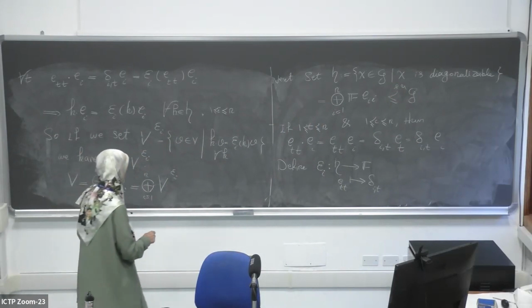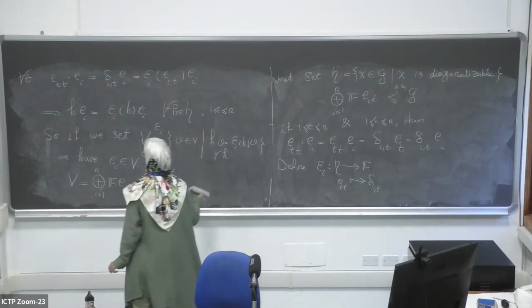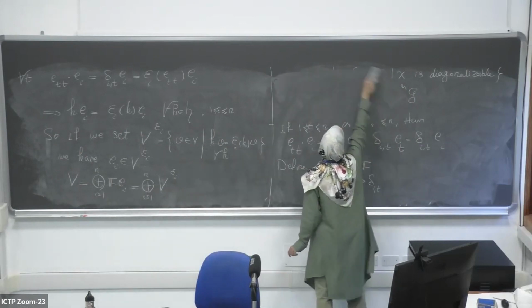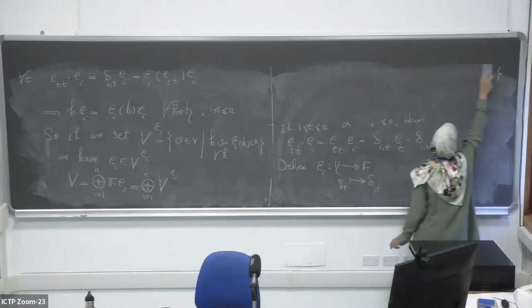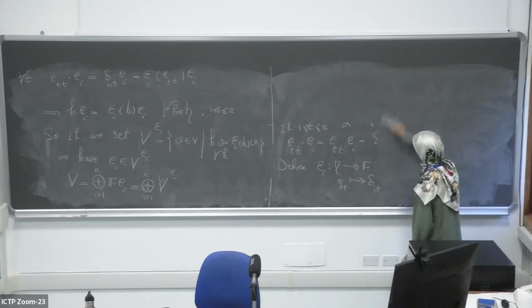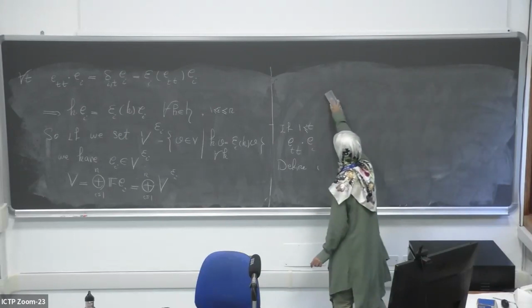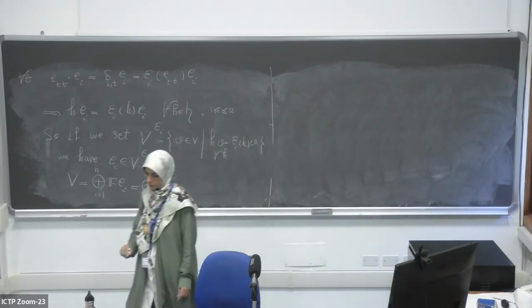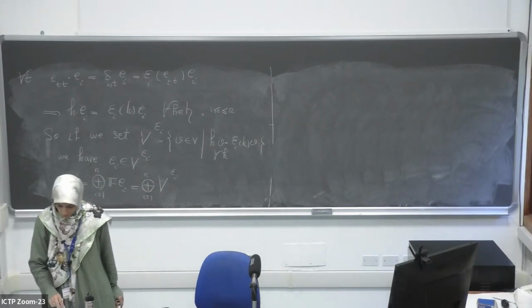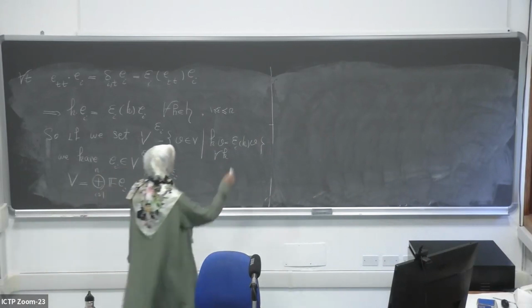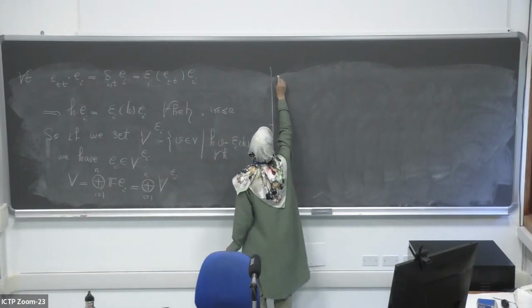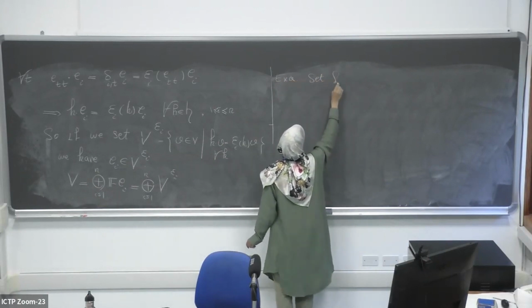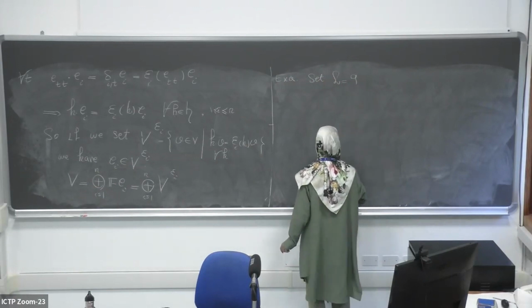Let's look at another example. In this example, I want to set L to be sl_n(F).